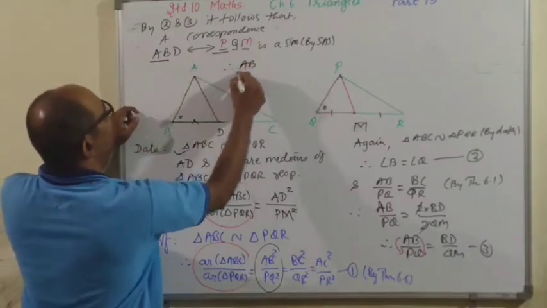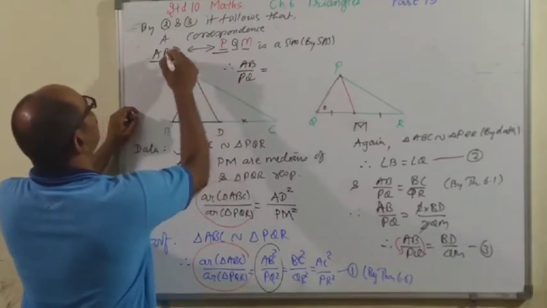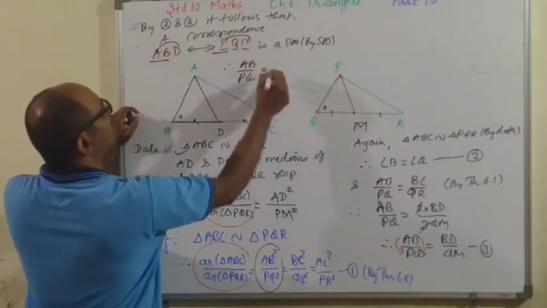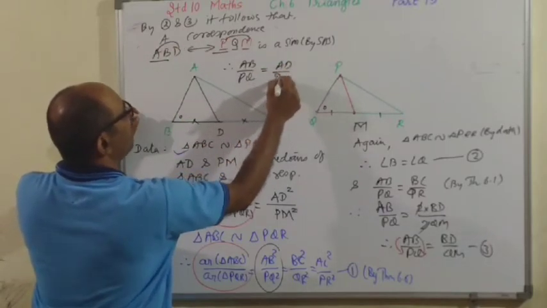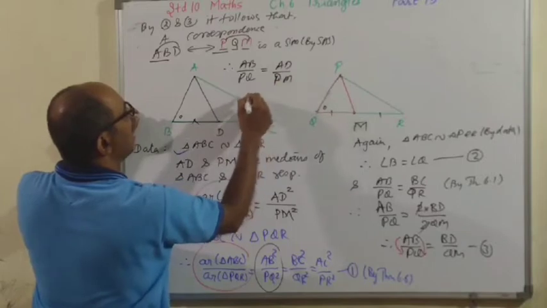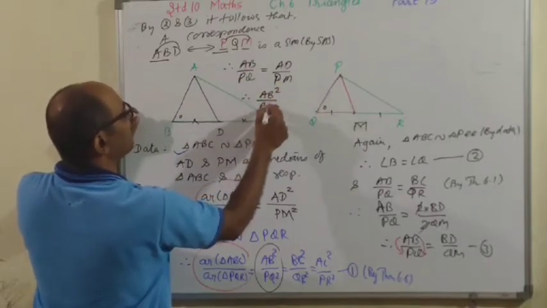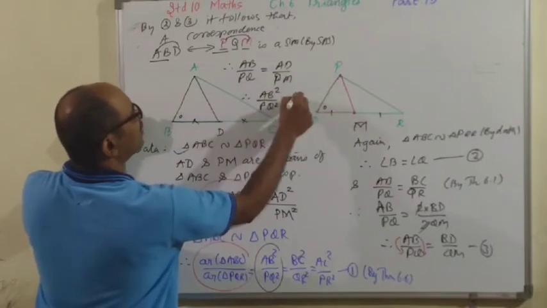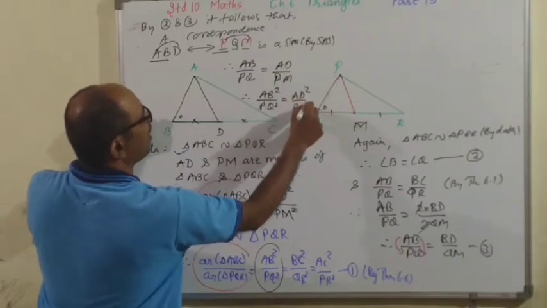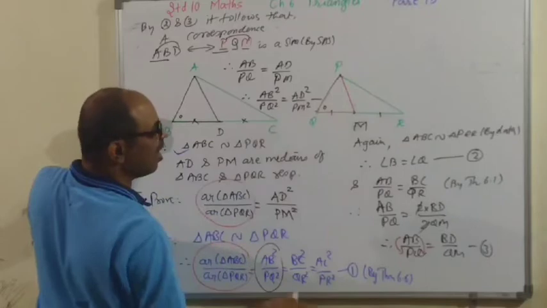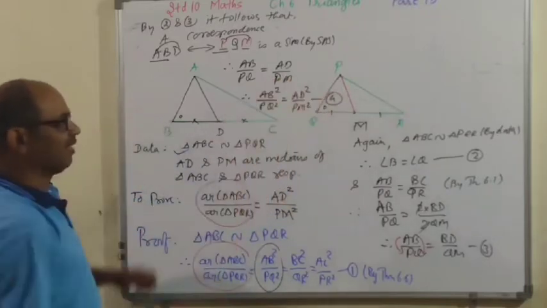Therefore, AB upon PQ is equal to, बोलिए, AD upon PM. Therefore, squaring both sides, AB square upon PQ square is equal to AD square upon PM square. Result number 4. Are you getting me?